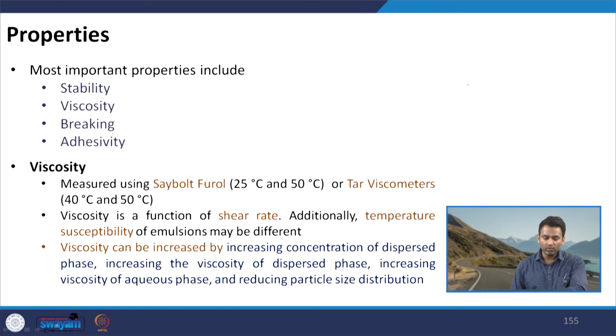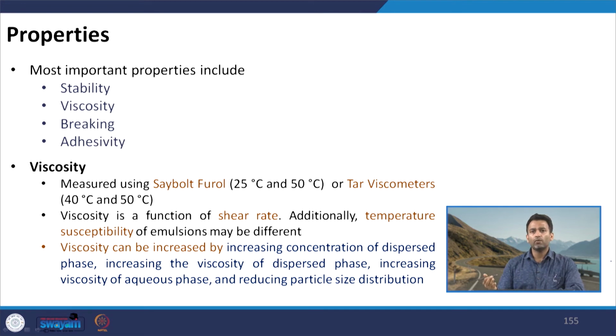Alright, talking about viscosity, viscosity is one of the important properties even for the classification or grading of different types of emulsions. In the US it is done using a Saybolt-Furol viscometer, and typically it is done at two temperatures, 25 degrees Celsius and 50 degrees Celsius.